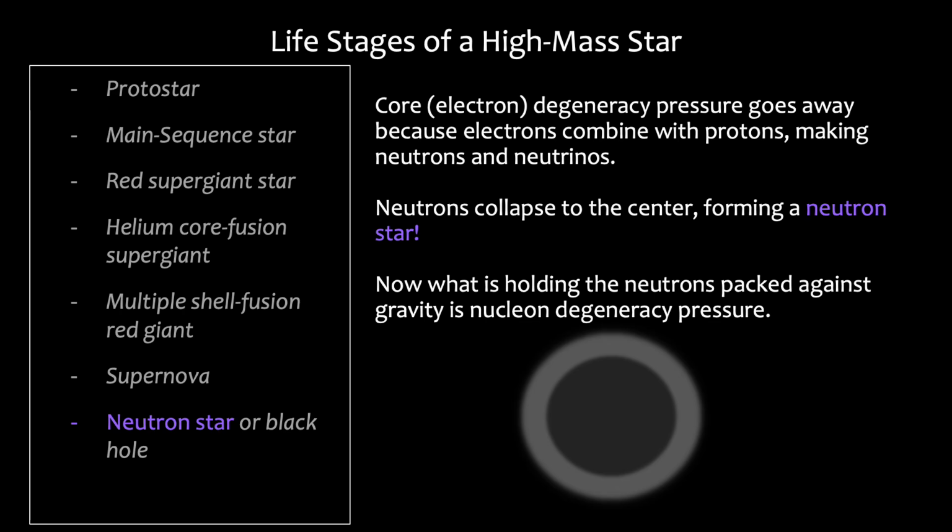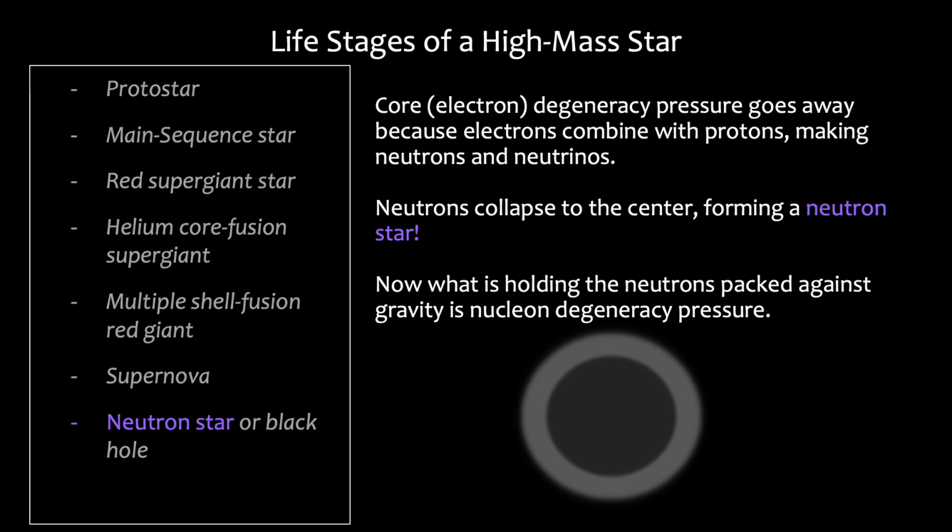And here, in the high mass stars, we're applying the Pauli exclusion principle not to electrons, but to nucleons, specifically neutrons, and discussing so-called nucleon degeneracy pressure. It is exactly the same quantum principle, the Pauli exclusion principle, but applied to different particles.